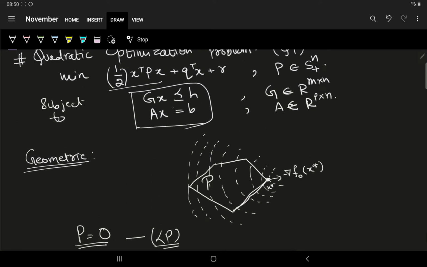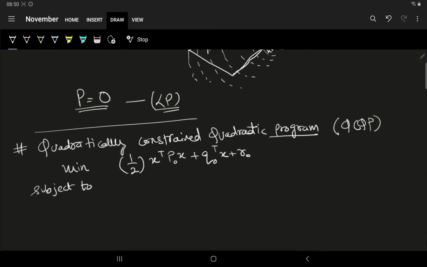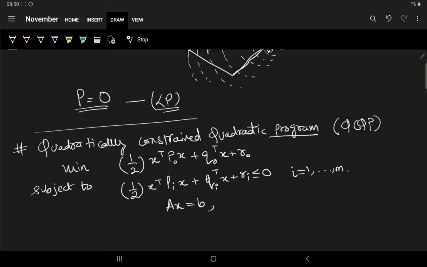Before, the inequalities were affine, but here the inequalities are also of the quadratic form, for i equals 1 to m, and Ax equals b. The equalities are still affine.